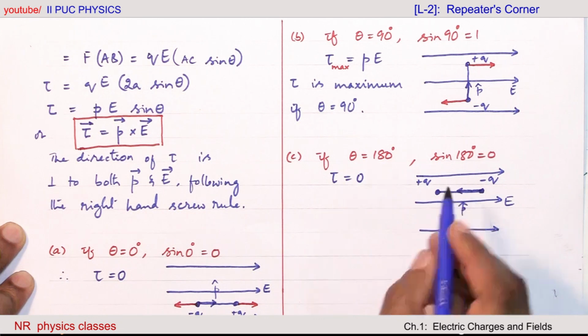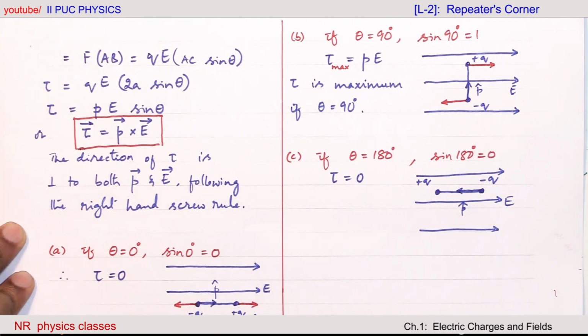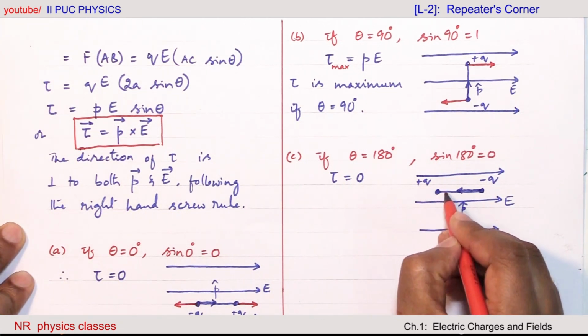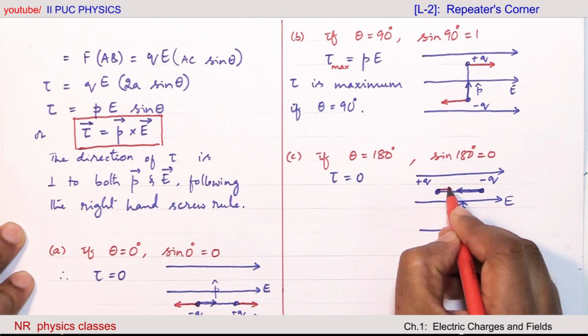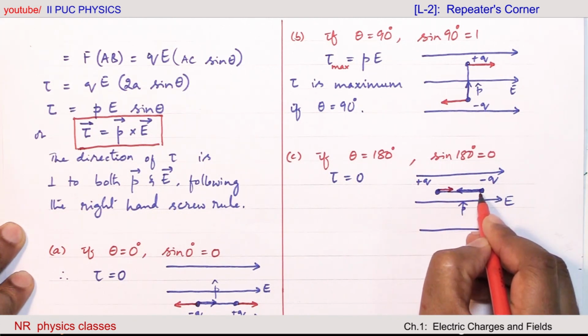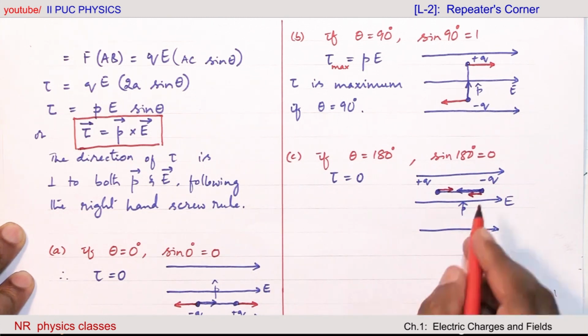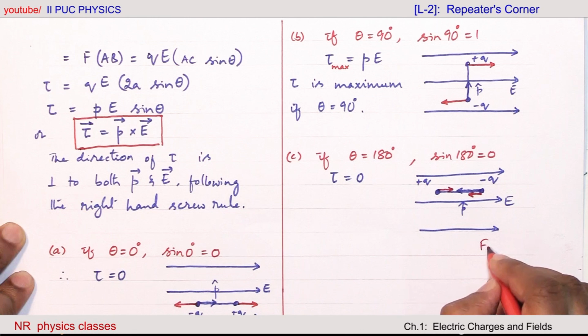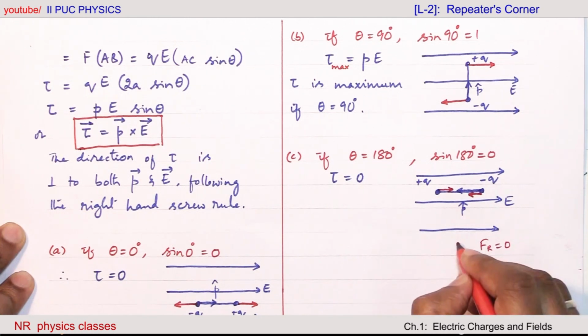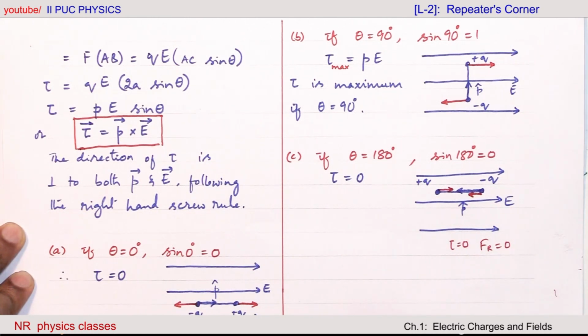So in this case, force on plus Q is in the direction of the electric field, minus Q is against the direction of the electric field. Resultant force is 0. Let me write Fr equal to 0. Tau is also equal to 0.